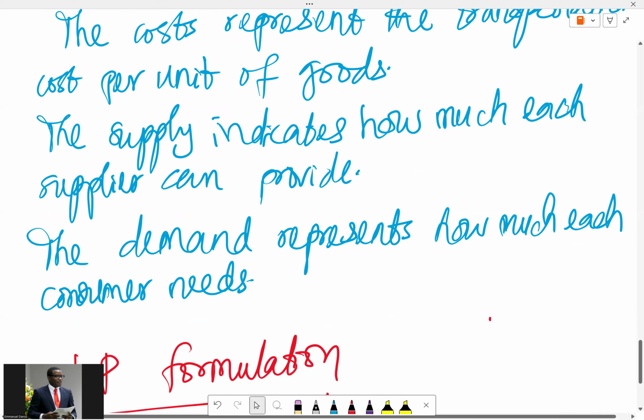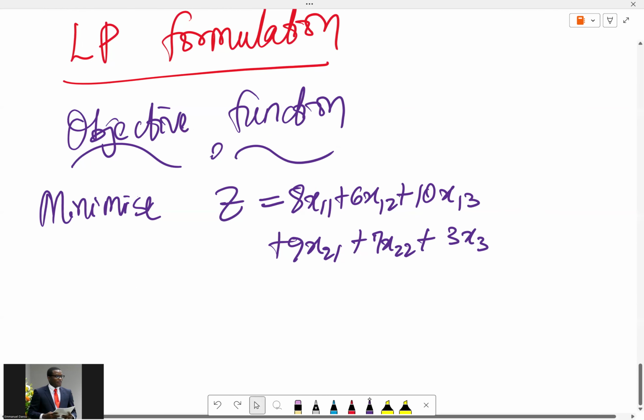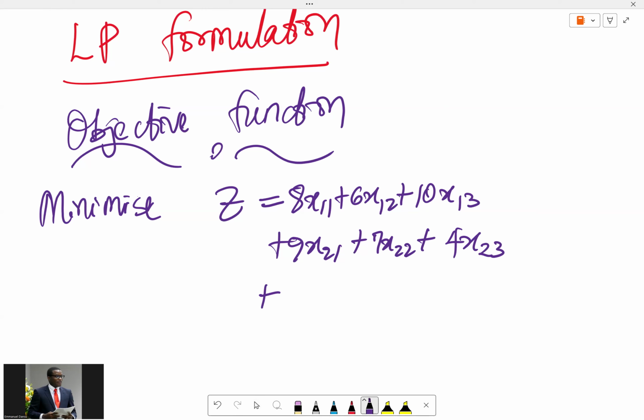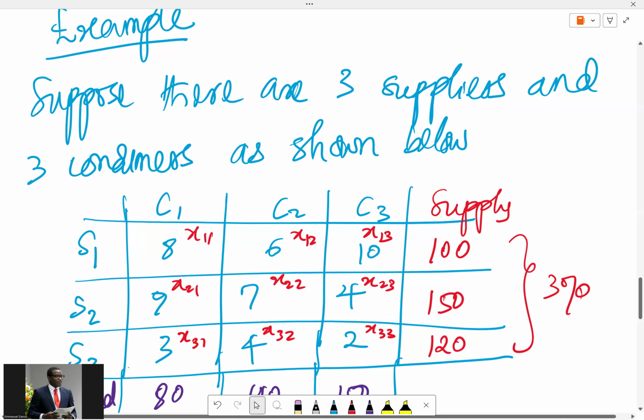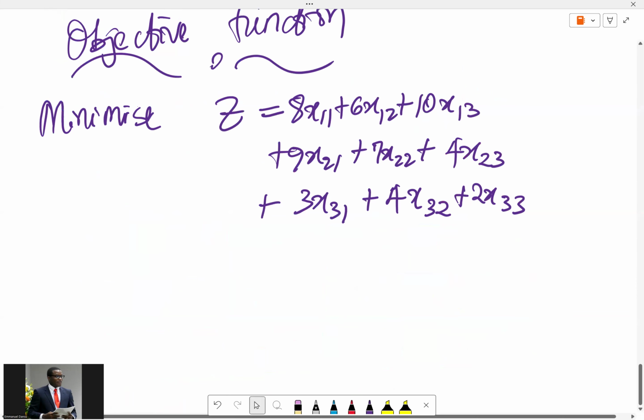I think I've skipped something. So we should have 4x23 plus 3x31 plus 4x32 plus 2x33. That's our objective function, right? So that's the objective function.